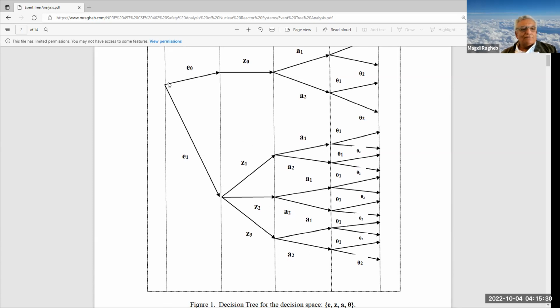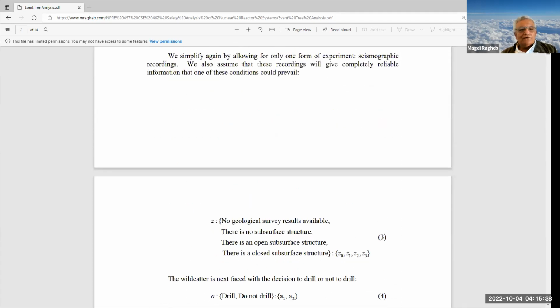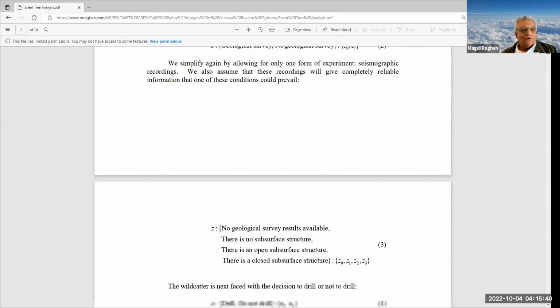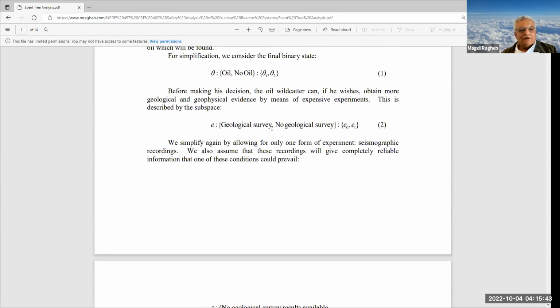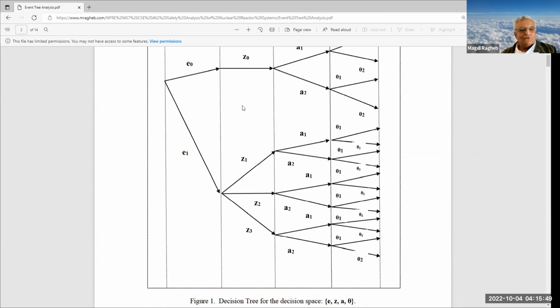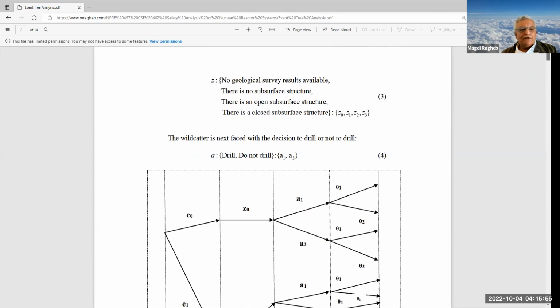So in the first part of the tree, he had one or two decisions to make, E sub 0 and E1. If you remember, E sub 0 or E1 was whether he runs a geological survey or no geological survey. Having decided on this, he goes to the other level, the Z decision-making part of the tree, which is no geological survey results.